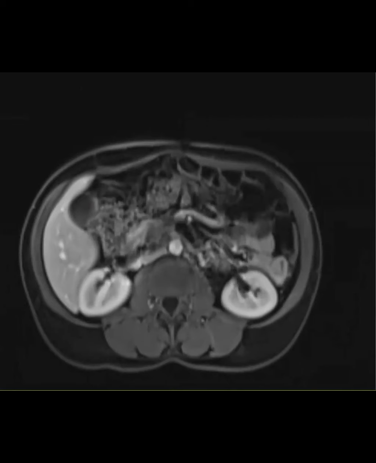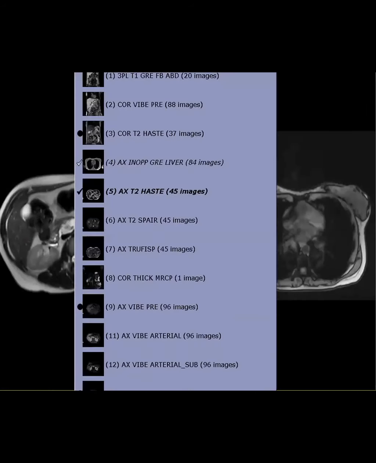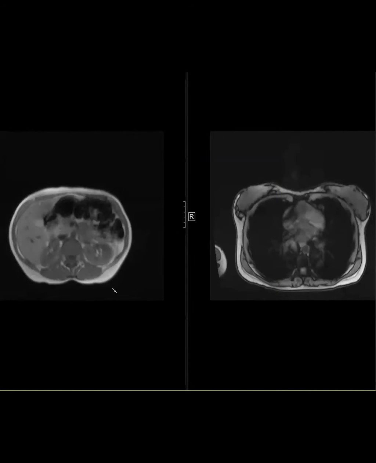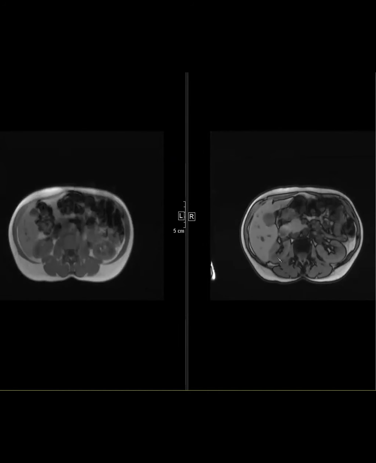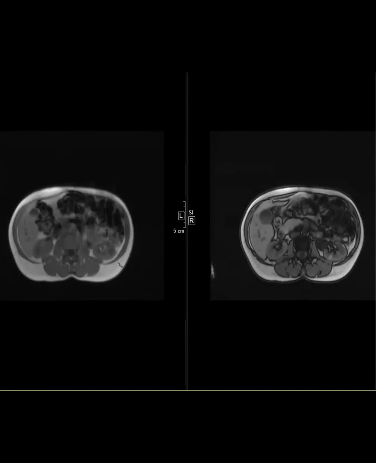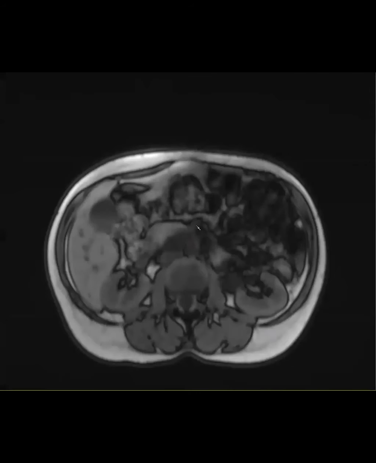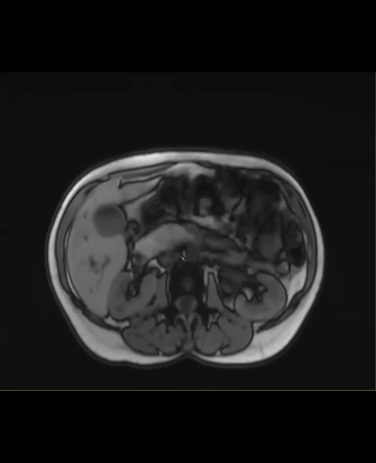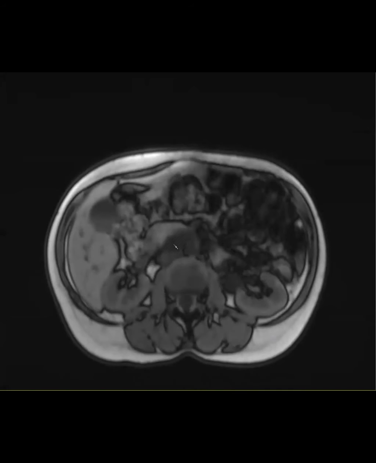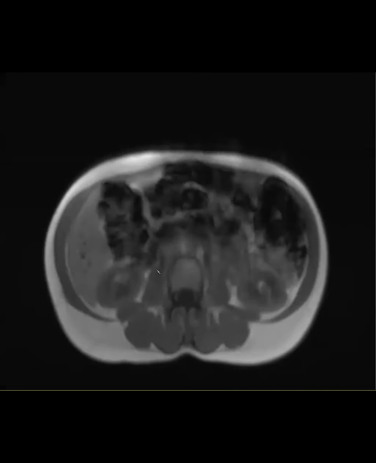And then one cool part that I thought was interesting was the in and out of phase. At the same level, you can see that there is dropout in this lesion, which I thought was intravoxel fat. I thought maybe at the edge it was bulk fat volume averaging, but I thought there was definitely intravoxel fat here.